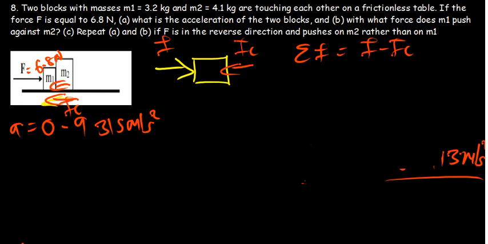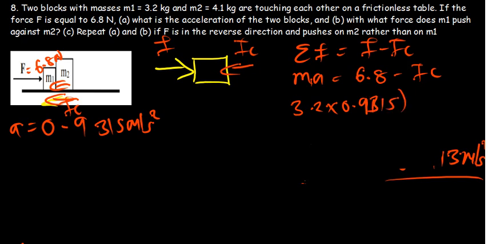We know that m1 times acceleration has to be equal to this one, that is 6.8 minus Fc. The mass m1 is 3.2, times the acceleration 0.9315, has to be equal to 6.8 minus Fc.